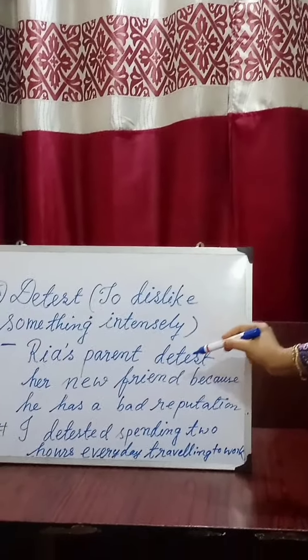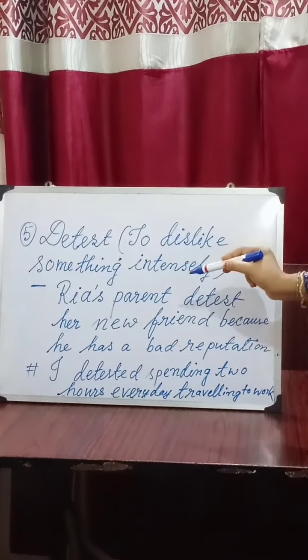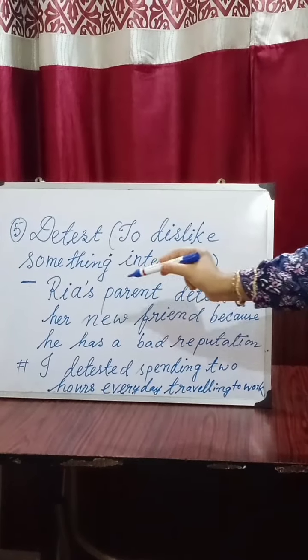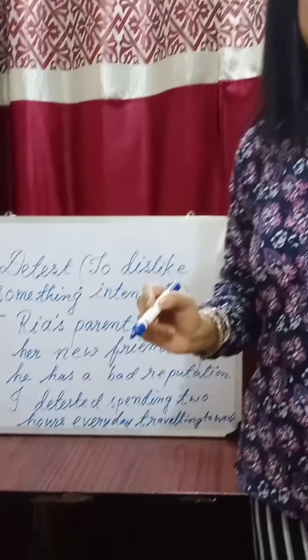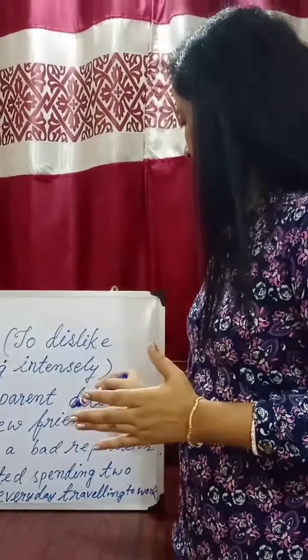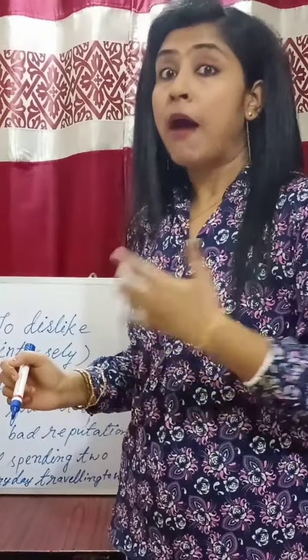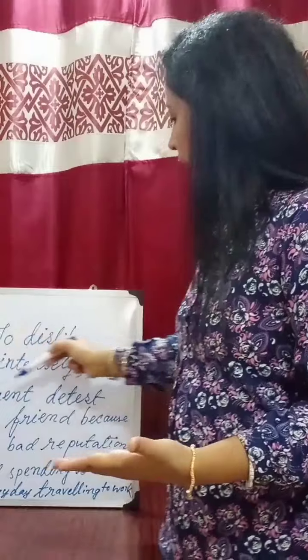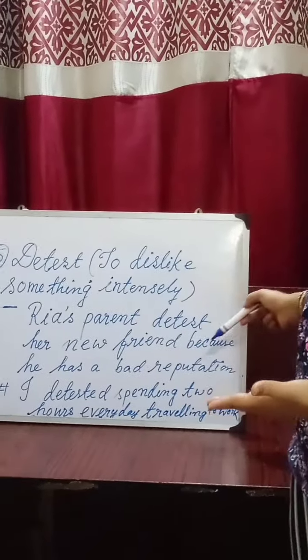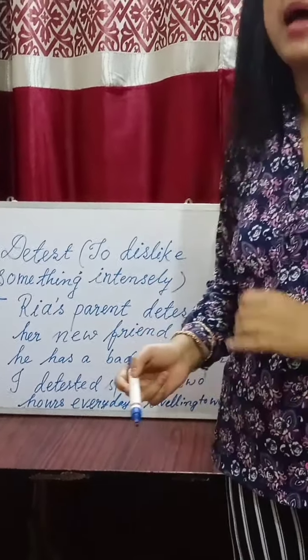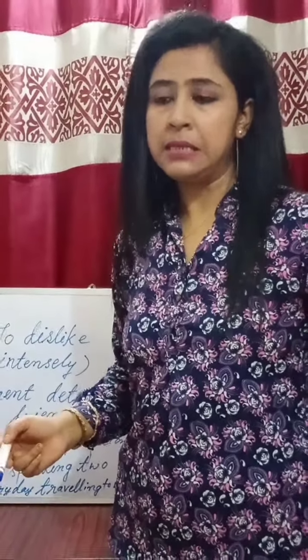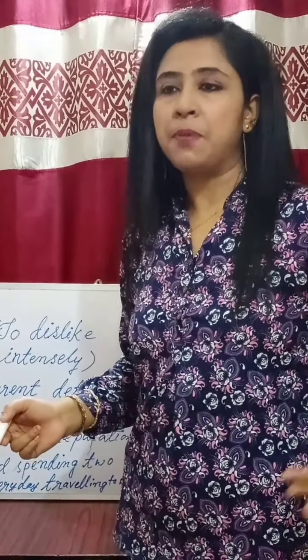Ria's parents detest her new friend because he has a bad reputation. It means Ria's parents didn't like her new friend. Why didn't they like him? Because the person had a bad reputation in his society or wherever.